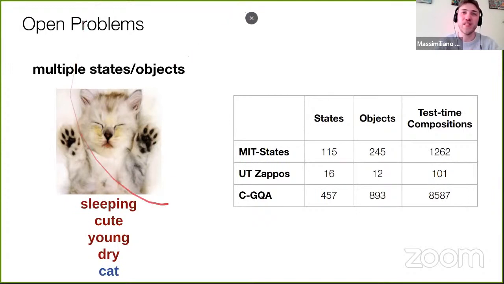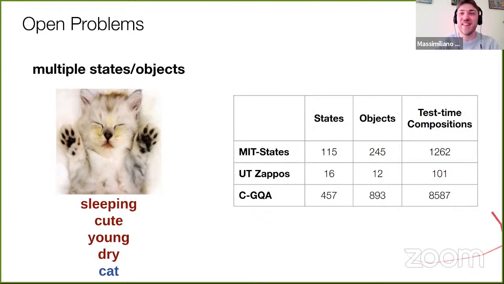And the second limitation actually is linked to what we were talking about before. So if we take MIT-States, you have all these states and objects, and similar for Zappos, C-GQA, and at test time, you classify, you have an output space that covers all seen compositions, and those, you know that they exist because they were in your training set, and the unseen compositions, for which someone told, okay, look, there are these unseen compositions at this time that you would like to recognize.